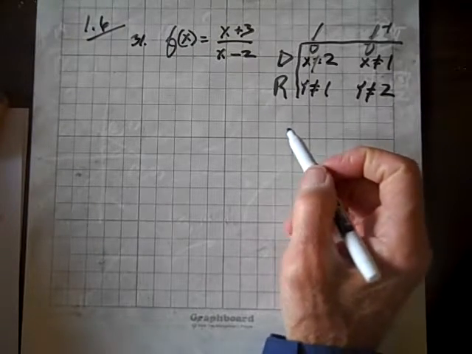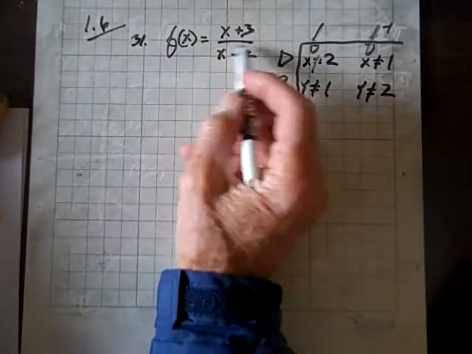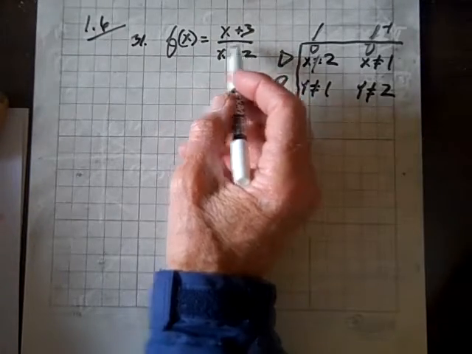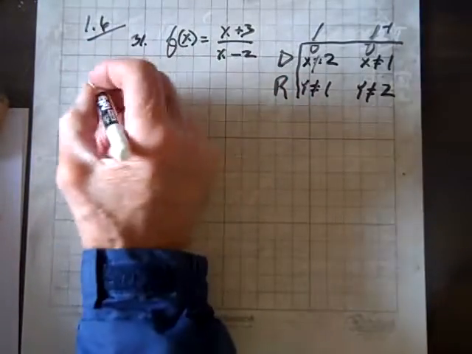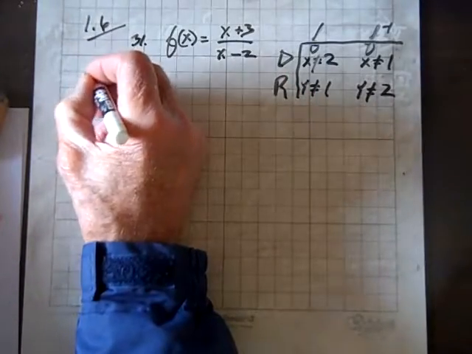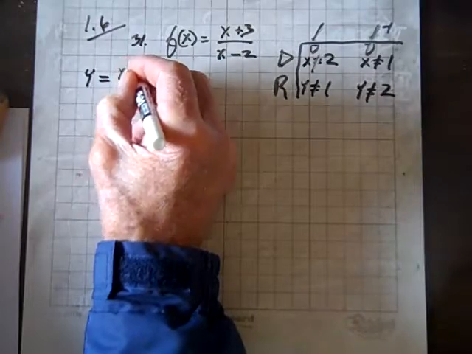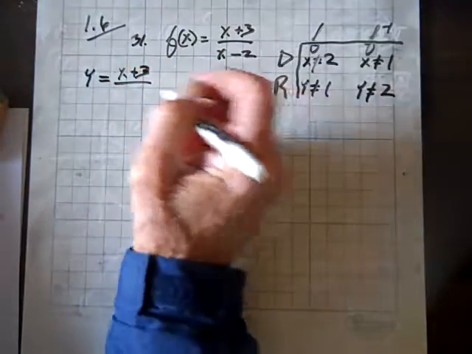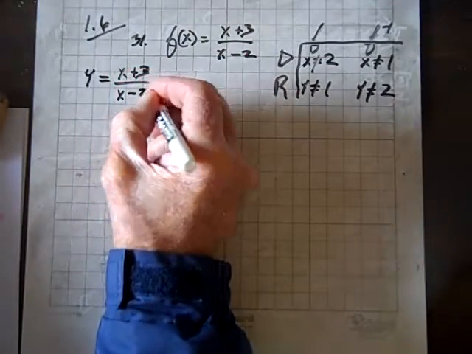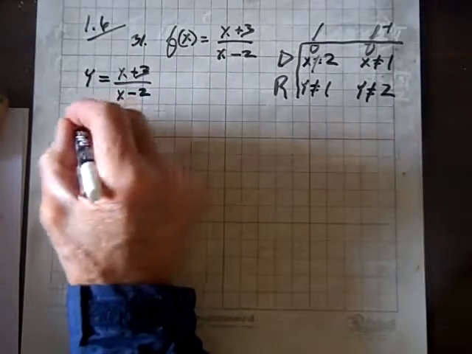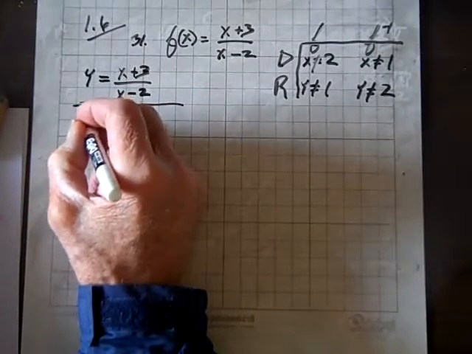Now we have to go ahead and find the inverse function. So there's our function. Our first step is to write this in terms of y equals x plus 3 over x minus 2, and then exchange x and y.